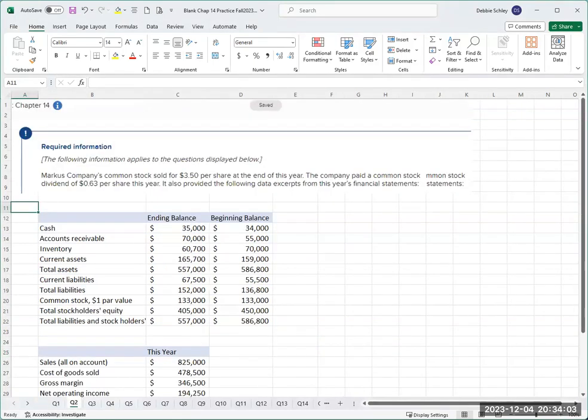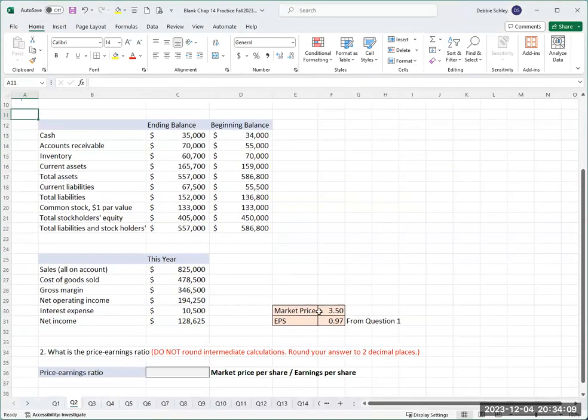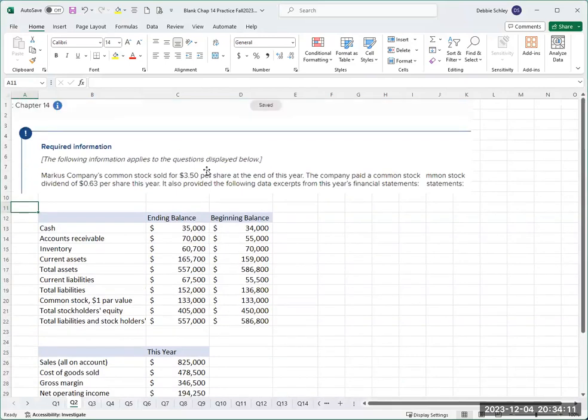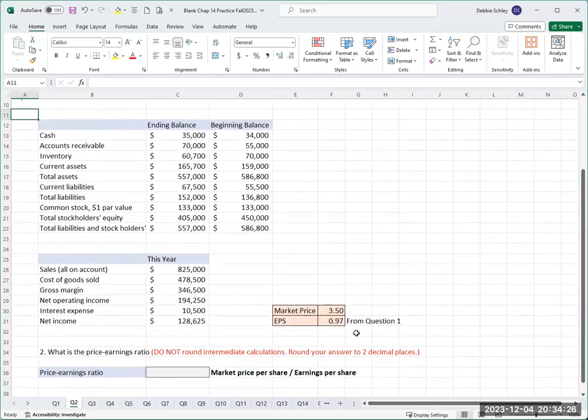All right, question 2. So here's where, remember at the beginning, they told me the market price was $3.50 and the common stock dividend earned was 63 cents.